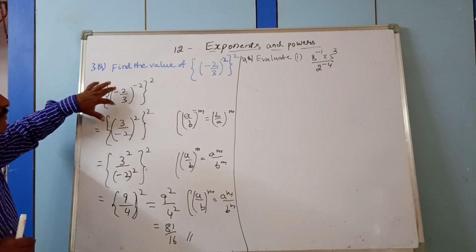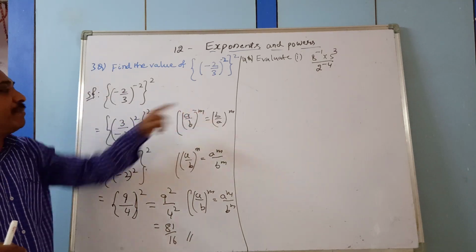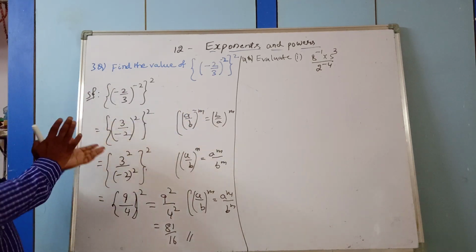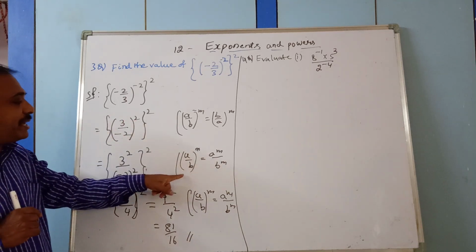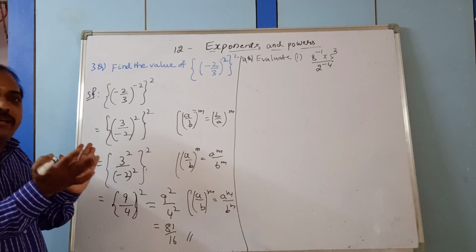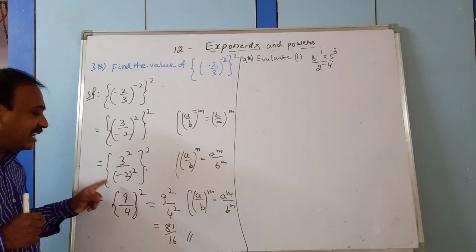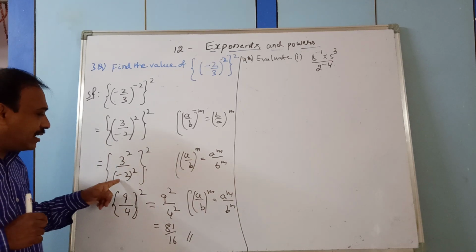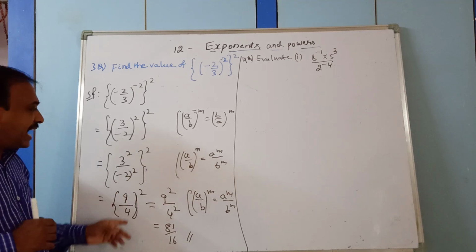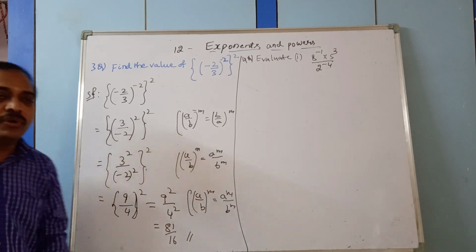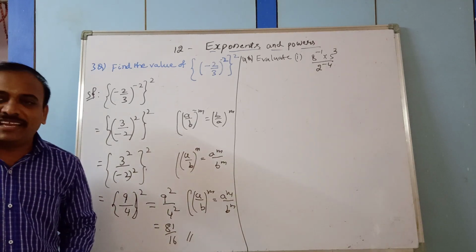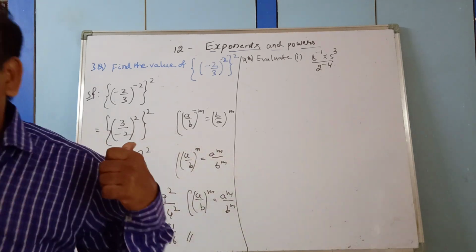We are using the formula (a by b) whole to the power minus m: take the reciprocal of the fraction and make the power positive. Then we separate the power for both numerator and denominator. 3 square is 9, minus 2 whole square is 4. Again we have whole square, so 9 square by 4 square is equal to 81 by 16. Is it clear, children?